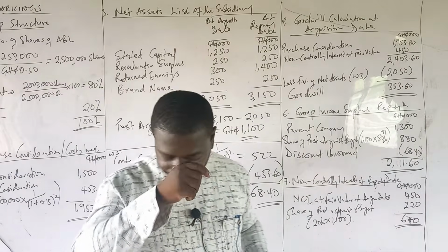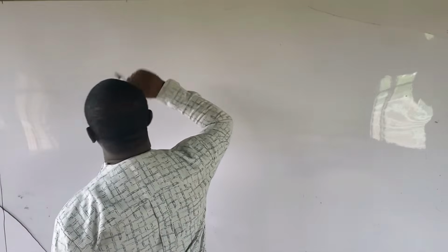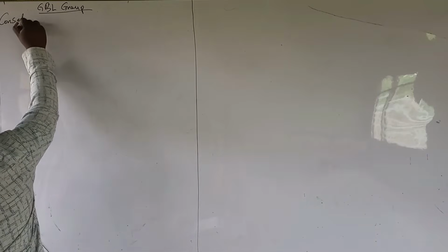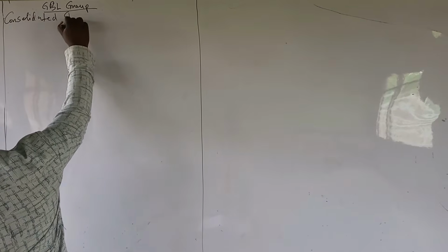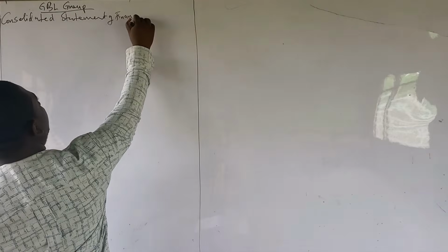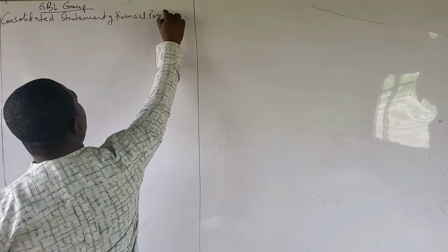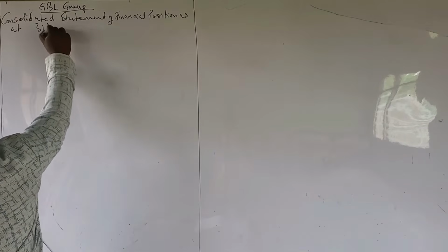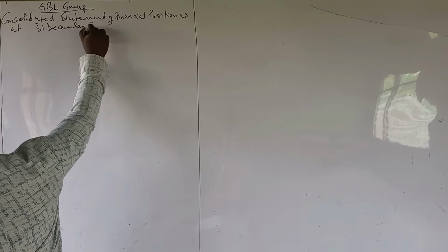All right. So we'll start by saying GBL group consolidated statement of financial position as at 31st December 2013.